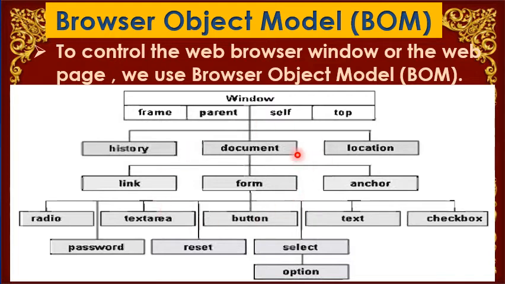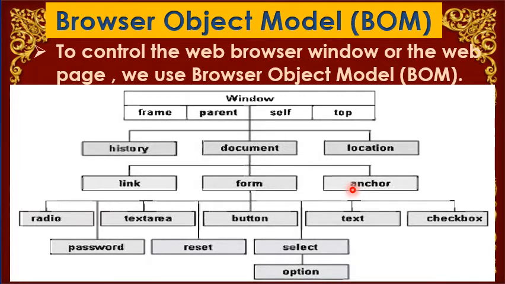The top level object in the browser object model is the window object. Below the window object, history, document and location objects are there. Below the document object, link, form, anchor are there, and so on.